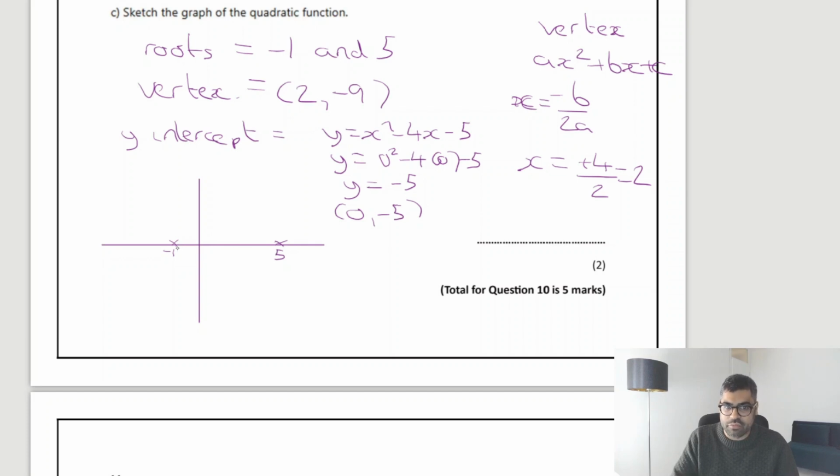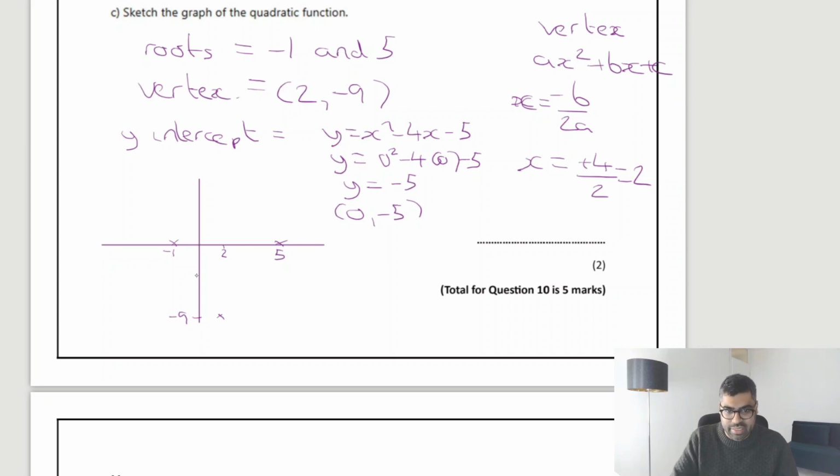So we have our roots of minus 1 and 5. We have our vertex, which is our turning point. Let's call it somewhere down here, minus 9. And let's call this 2. So our turning point is going to be about here. And then finally, our y-intercept, the point where it intercepts the y-axis.